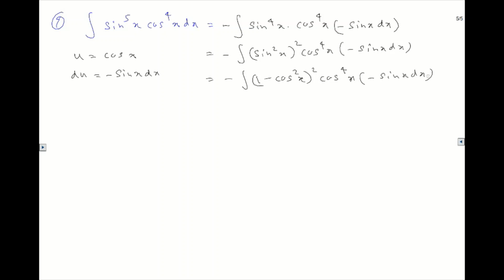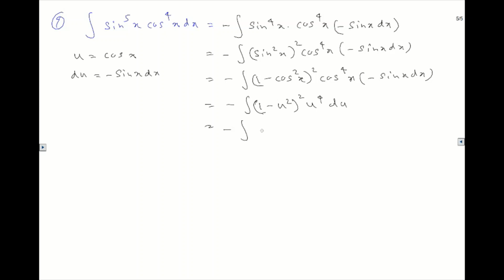Actually I write a lot of steps, but some of the steps are not necessary. So then we can substitute. It's 1 minus u squared, squared, times u to the 4th, and then you can see that the last term simply becomes du.